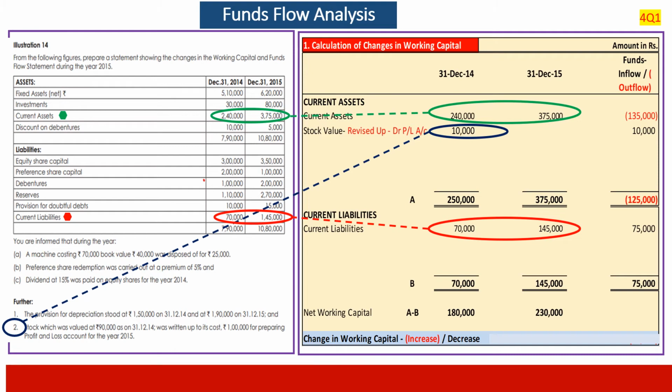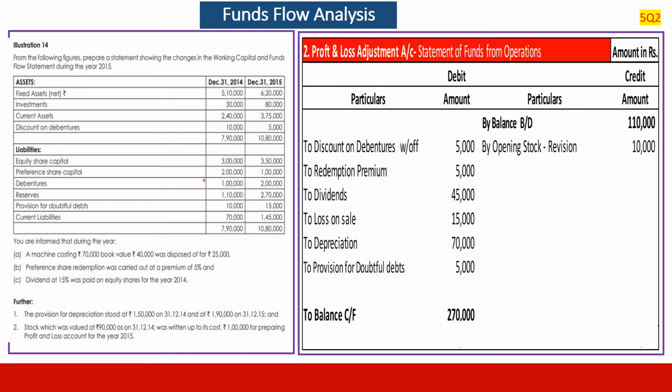We had an inflow of 75. Net we have got the figure 50,000 as the difference, which is nothing but the increase in working capital, which is an outflow as known. Now let us get into preparation of statement of funds from operations.